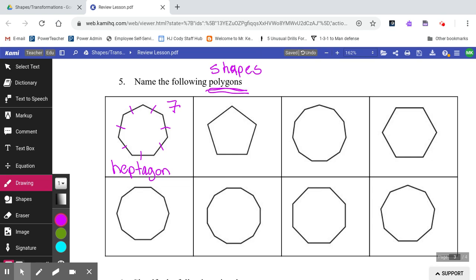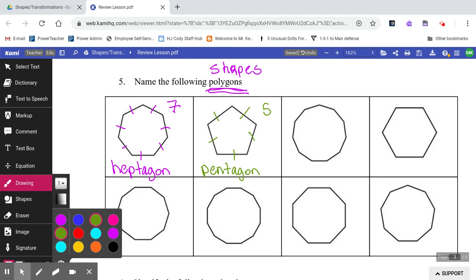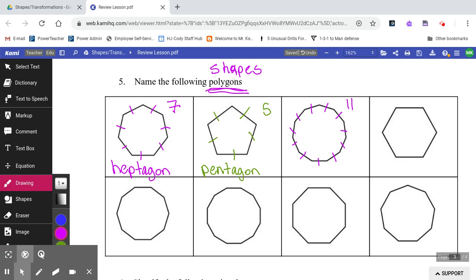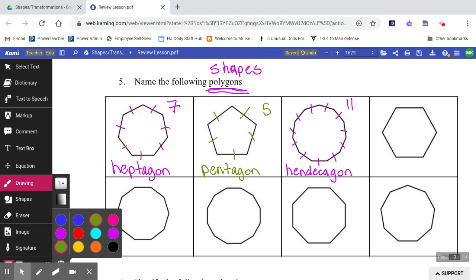If we look at this one right here, it's 1, 2, 3, 4, 5 sides. That is called a pentagon. We look over here, we have 1, 2, 3, 4, 5, 6, 7, 8, 9, 10, 11. That is a hendecagon. Look over here. We have 1, 2, 3, 4, 5, 6 sides.